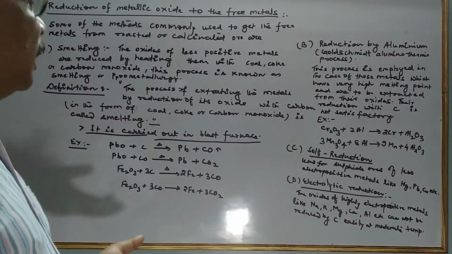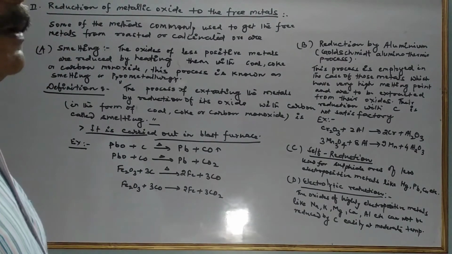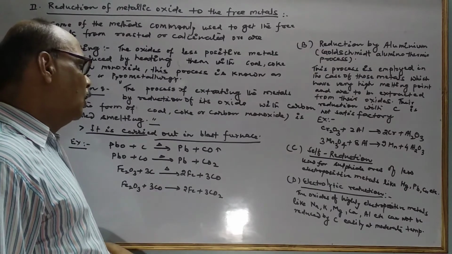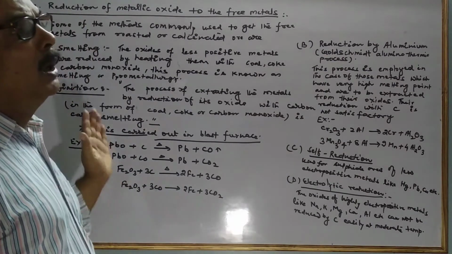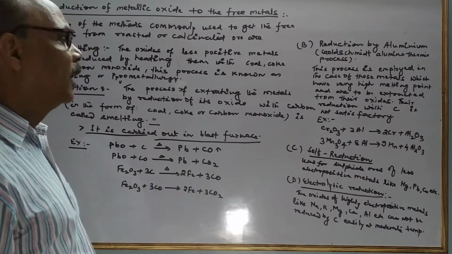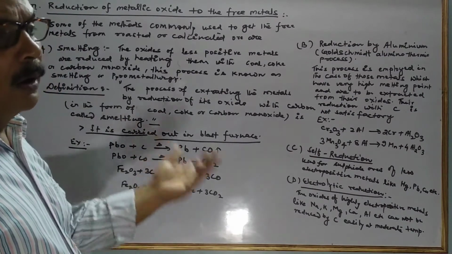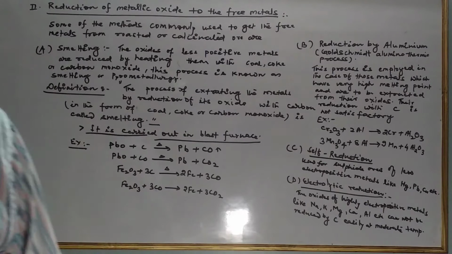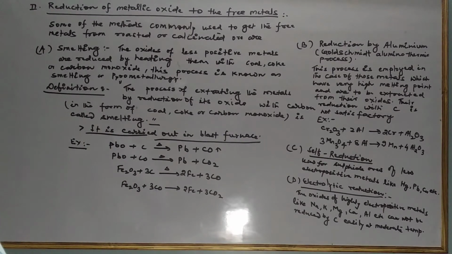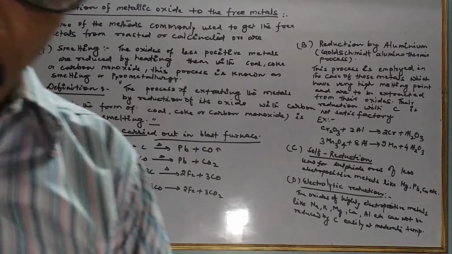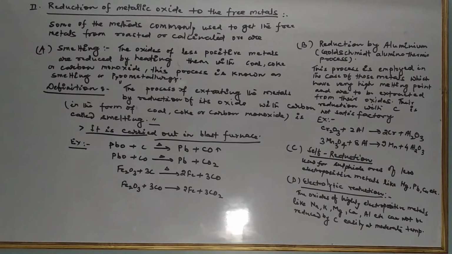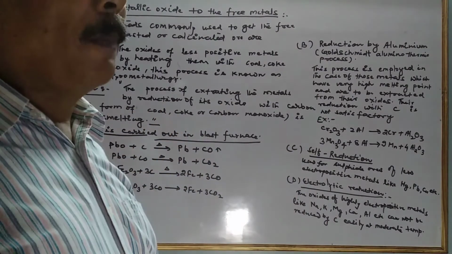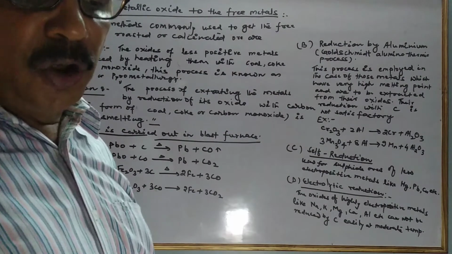So we add flux in the blast furnace along with the carbon to reduce the metal oxide into metal, and that we will learn later on in the topic thermodynamic principle of metallurgy with the help of Ellingham diagram, and when we will discuss the extraction of iron, copper, aluminium and zinc separately.